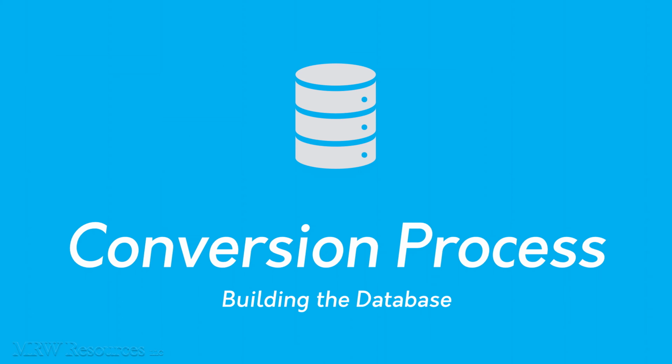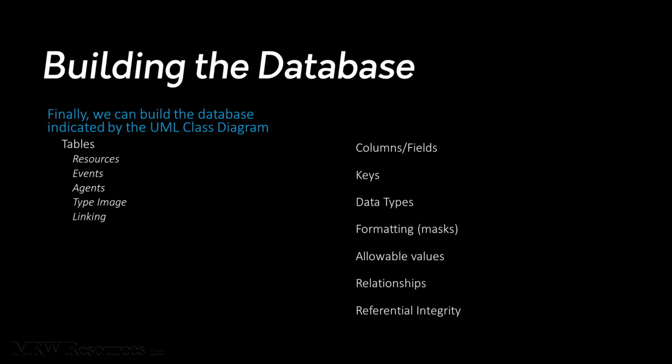Let's discuss that resulting database. So far, we have created the BPM and activity diagram. We have created the UML class model for our conversion process. Now we're ready to build that database indicated by the UML class diagram. So the first thing we can think about is which tables we'll need. And that REA diagram gives us a good starting point.